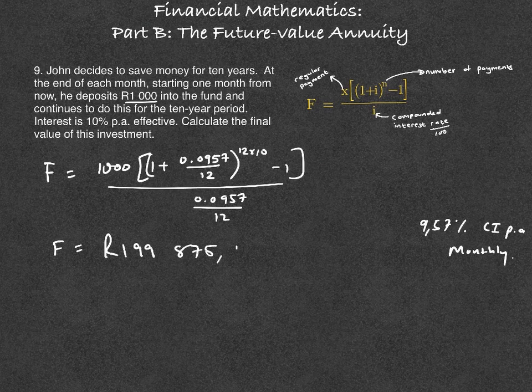Right. So yeah, the question is actually quite straightforward. It's that first part that is just a bit confusing. It's the effective interest rate that you just had to convert to nominal. And let's revise that quickly again. So 1 plus I effective is equal to 1 plus I nominal divided by whatever it is.